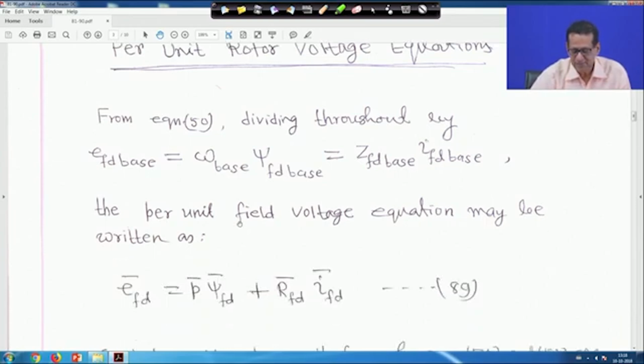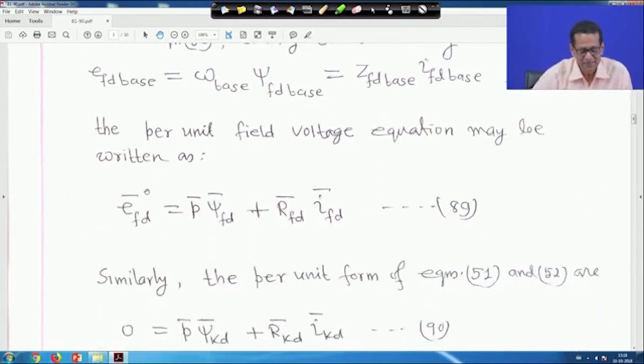So the per unit field voltage equation may be written by dividing both sides by EFD base, and the other terms by omega base psi FD base and ZFD base IFD base, the way we did it for the stator. Then you will get EFD bar is equal to P bar psi FD bar plus RFD bar IFD bar. This is equation 89.